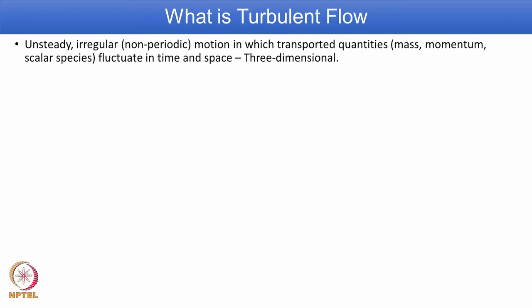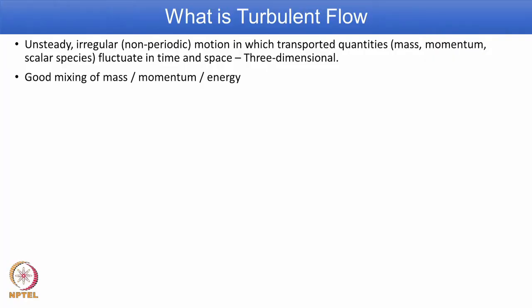In turbulent flows, these quantities are transported and they exhibit fluctuation both in time as well as in space. Hence, it becomes three dimensional. So, we learned three important properties: unsteady, irregular and three dimensional. You can have a laminar flow that is unsteady, but it need not have three dimensionality in the flow.